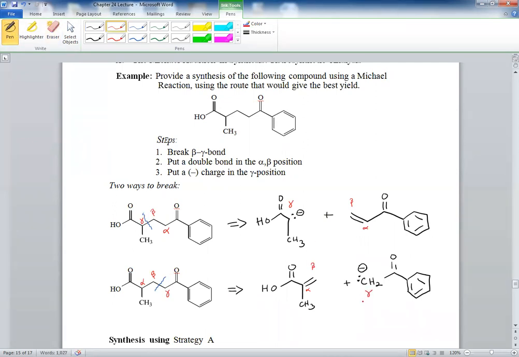Okay, now there's a problem here. One problem is we've seen over a few lectures that you can't have an enolate with an OH. That is an impossible compound. So this one does not form.